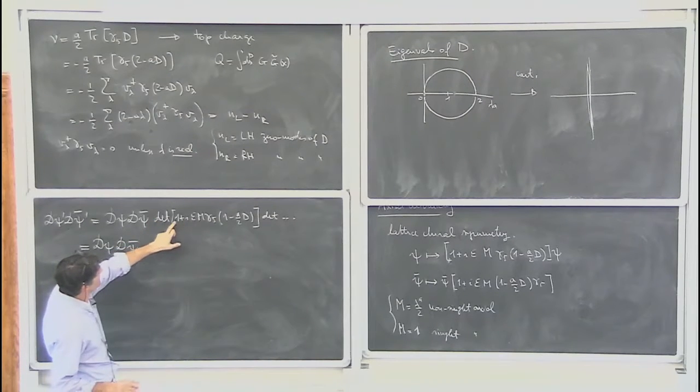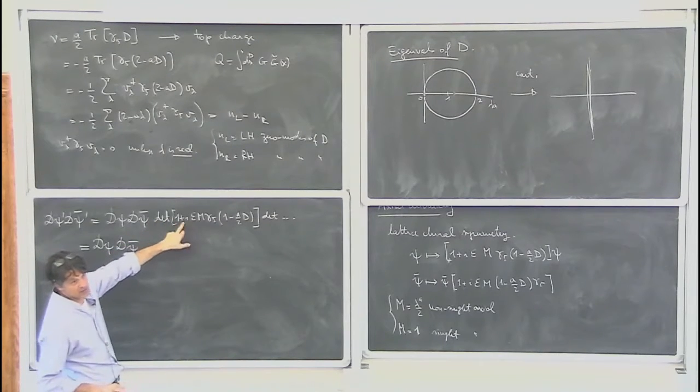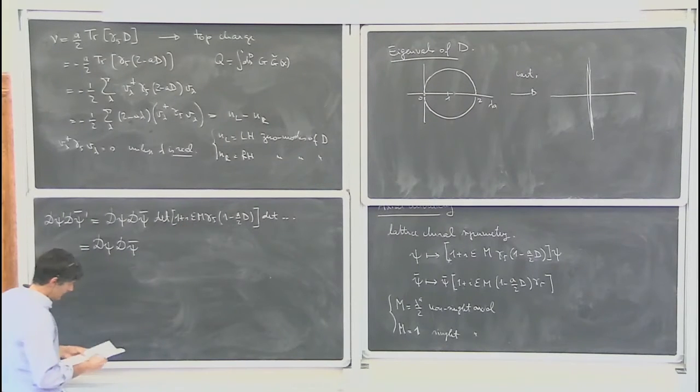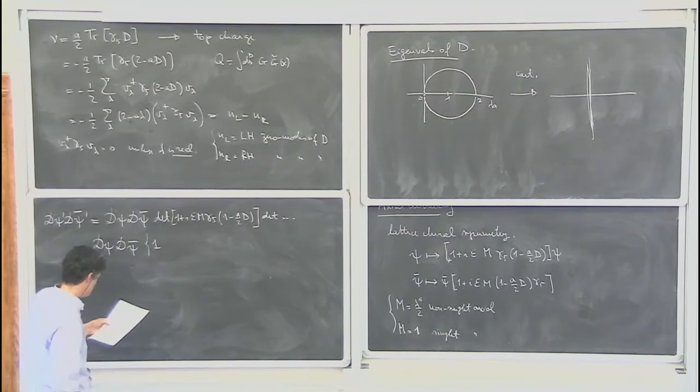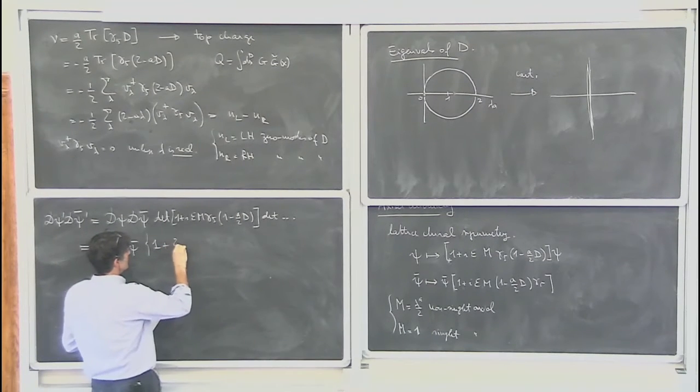So, exponential trace log, this is log of 1 plus epsilon, so you expand the log and then you expand the exponential, and so the final result is 1 plus 2iε.